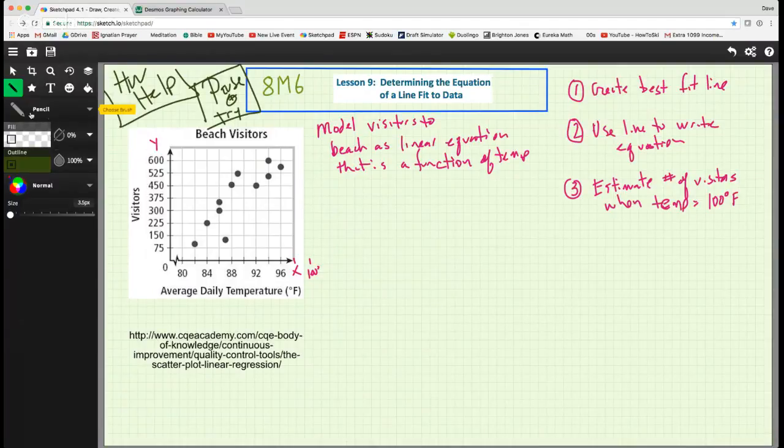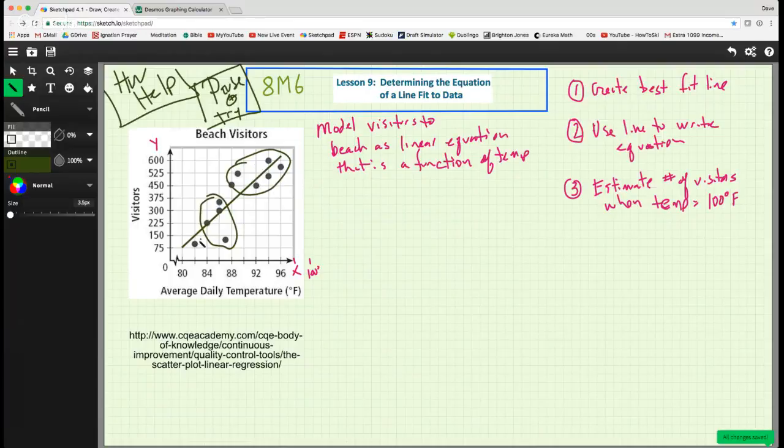Okay, I assume you're back. Now, here's the line that I found. I think that this is a pretty good line if we start here and then go here. Let's just look at this. We have a cluster of data right here, and we have one kind of right here, and then one up here.